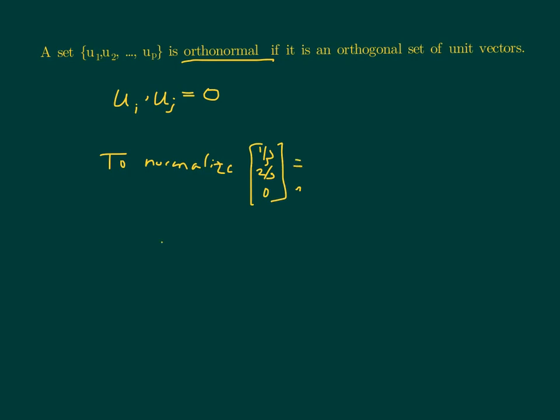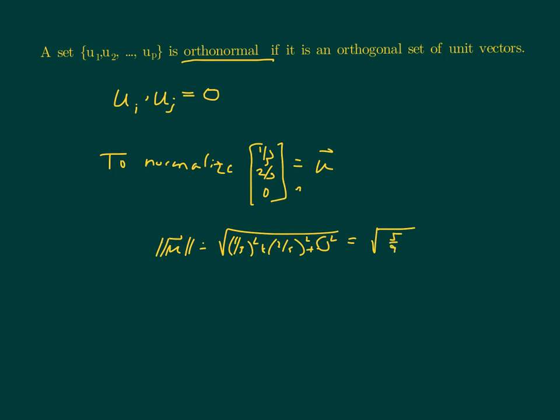Let's say this is u, so the length of u is equal to the square root of 1/3 squared plus 2/3 squared plus 0 squared, and we get the square root of 1/9 plus 4/9, so that's the square root of 5/9.